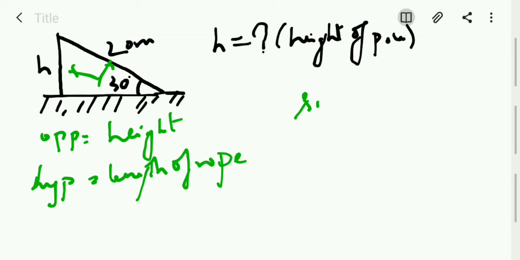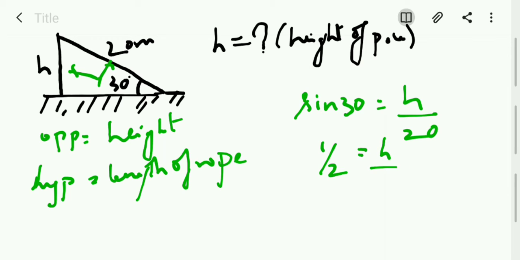I hope by now you know what trigonometric ratio we should use, right? Sine 30 is opposite by hypotenuse. I think now you all know what to do, because sine 30 is nothing but half. So this is h by 20.